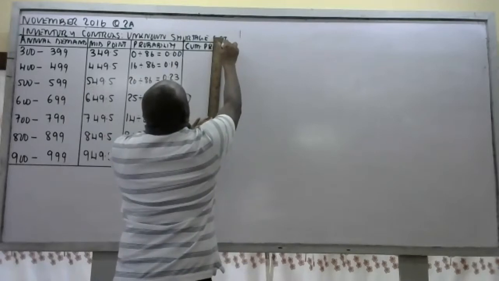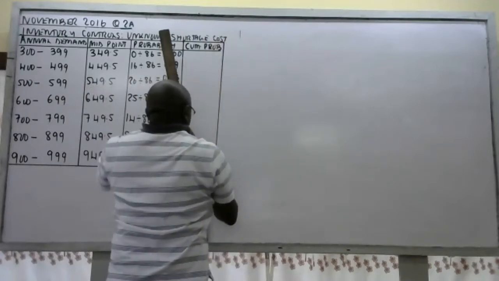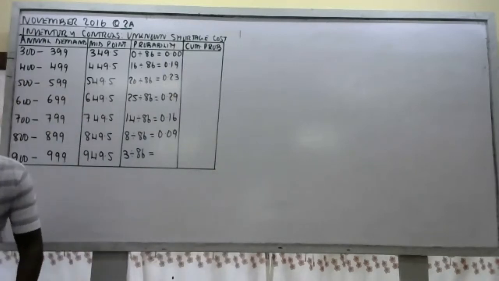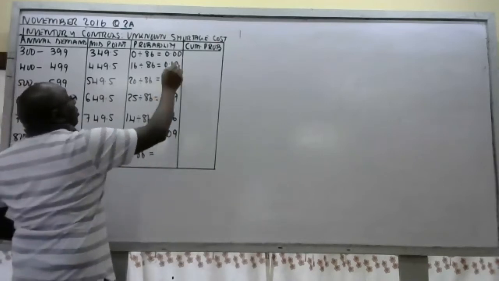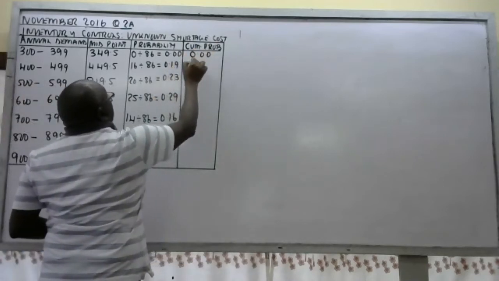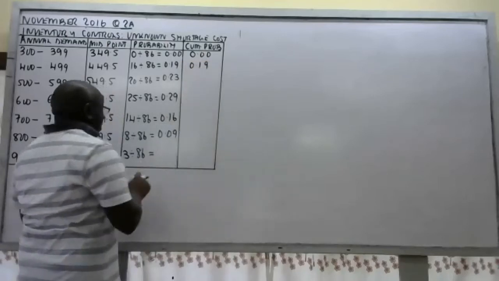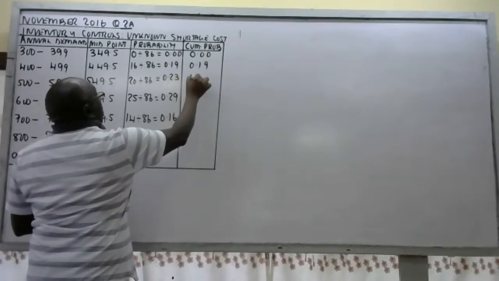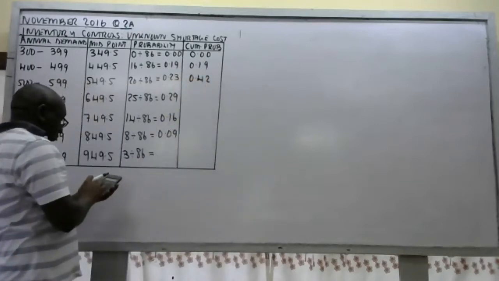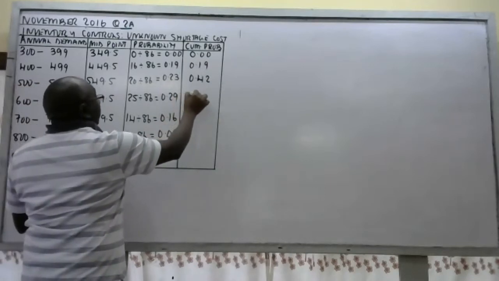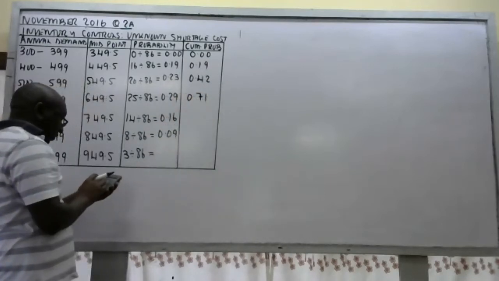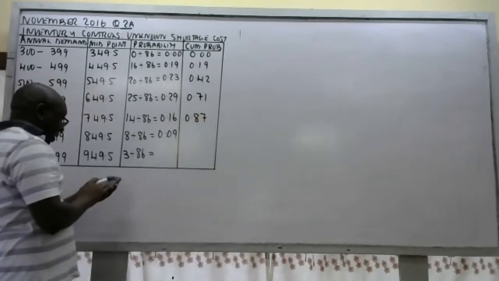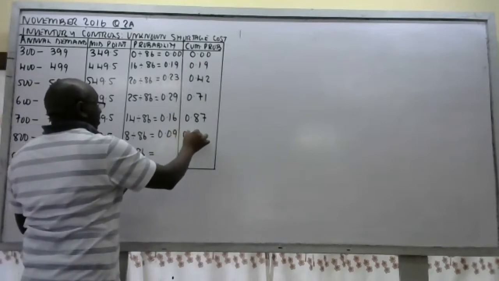So cumulative probability, you say this is 0.00, this is 0.19, then 19 plus 23 is 0.42, plus 29 is 0.71, plus 16 is 0.87, plus 9 is 0.96.